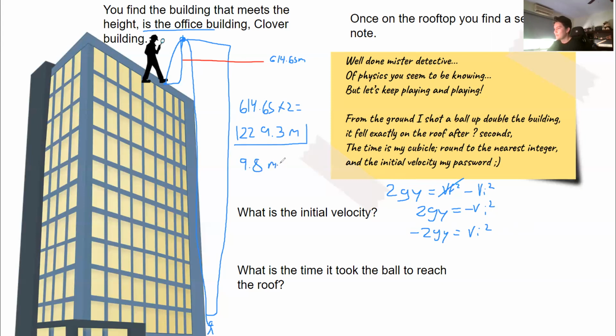In this problem, the gravitational pull is going to be negative since it's fighting against us launching the ball. So we replace this in the formula, minus 2 times g, which is minus 9.8 meters per second squared, and this times y, which is 1,229.3 meters. And this is squared, so we have to get the square root of this. Don't forget. We input this in our calculators.